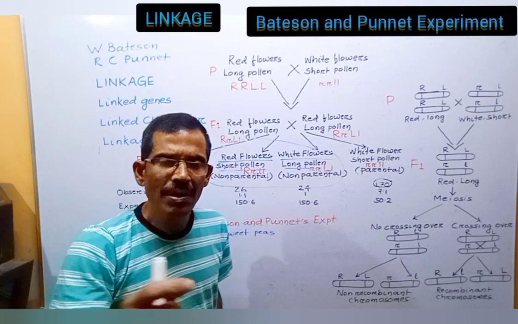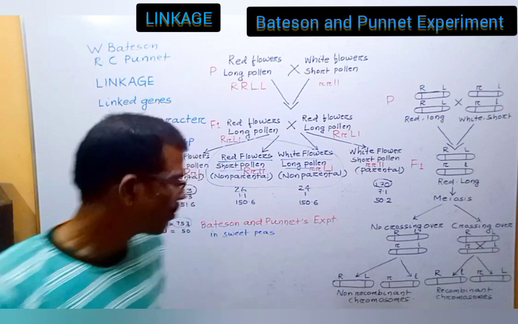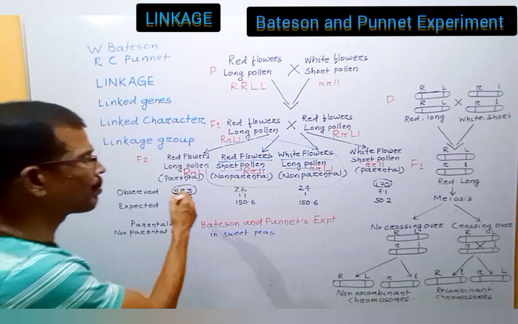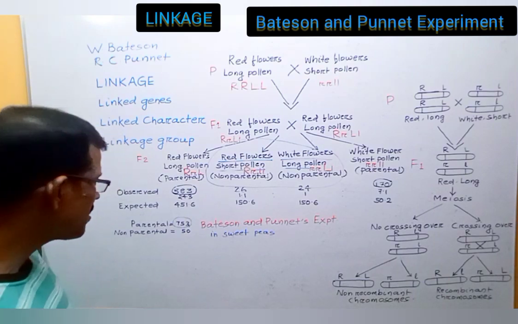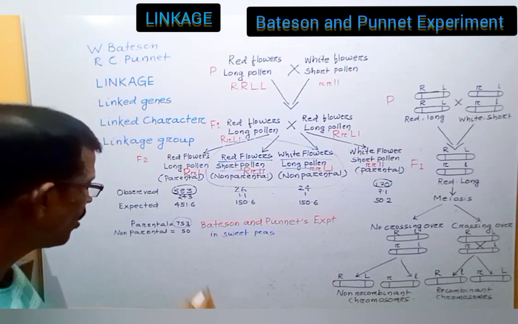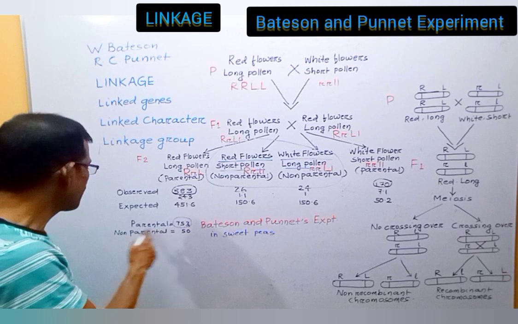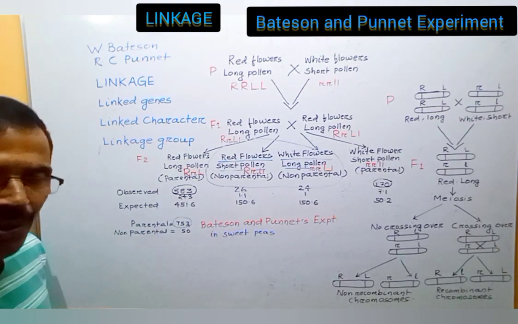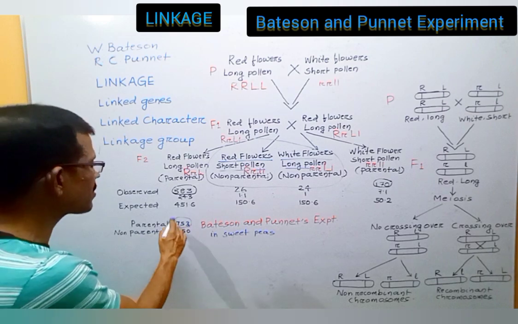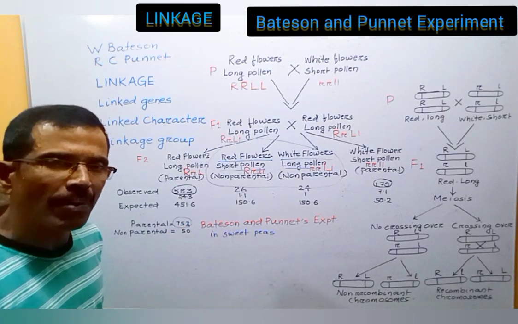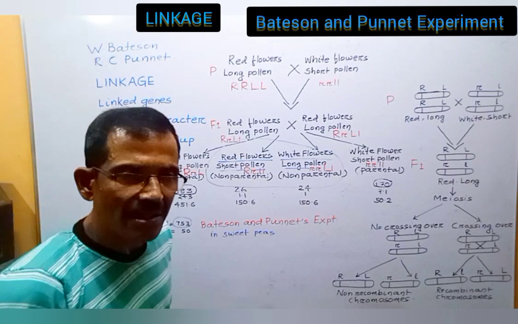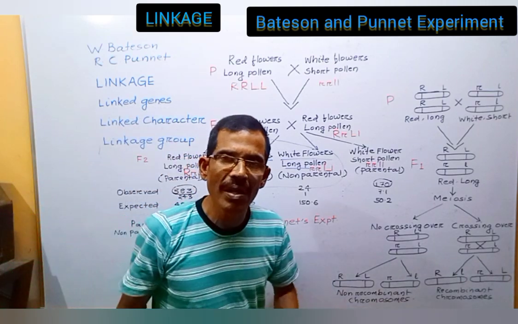Out of 803 F2 plants examined, 753 plants are in the parental class, whereas the remaining very few, 50 plants, are in the non-parental class. So plants in the parental class are much more numerous than those of the non-parental class. What is the reason behind this?